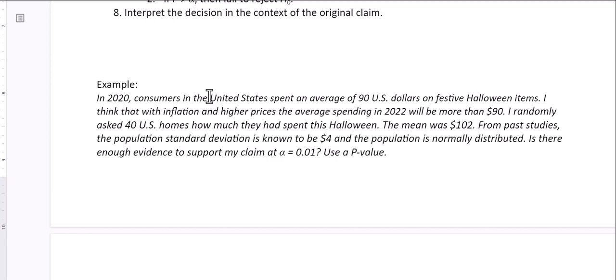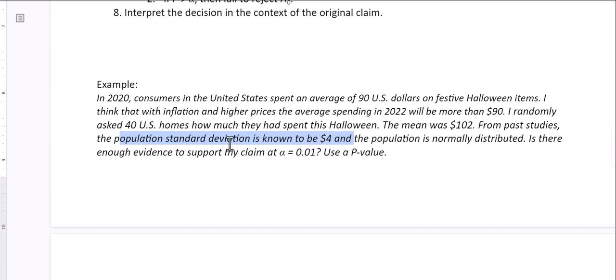Now, oftentimes sigma won't be known, but in this case, it is. So we have a population standard deviation known to be $4. And notice that this is from past studies. So if the standard deviation continues to be about the same, like this data is from 2020, maybe in 2019 and 2018 the standard deviation was around $4, maybe $3.75, maybe $4.25, but it's right around $4.